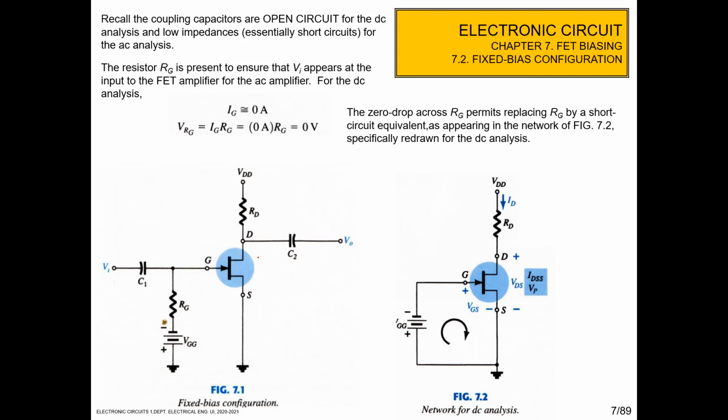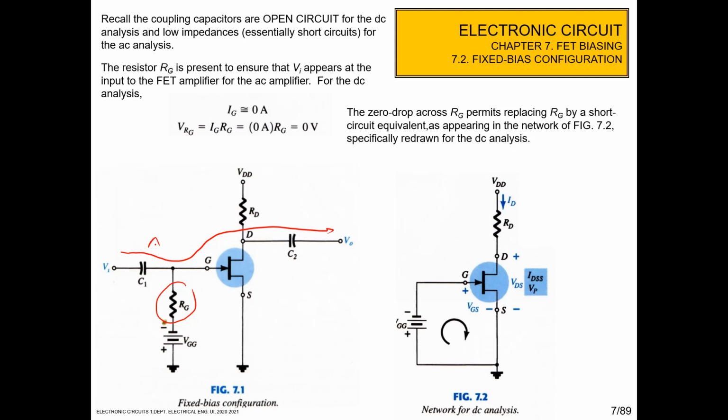The coupling capacitor is an open circuit for the DC analysis and low impedance for the AC analysis. And we put RG here to prevent the input AC signal from going to the ground. So the AC signal will go like this.